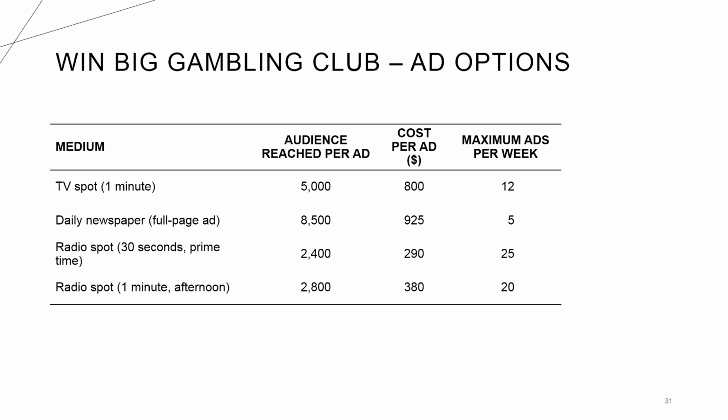All right, when we make this problem, the first thing we want to figure out is what are our decision variables? What do we have to choose? And in this case, it's pretty easy to see that the decision variables are the 4 types of ads, right? How many of each type of ad are we going to buy? Or instead, we could choose the decision variables to be how much money are we going to spend on each type of ad.